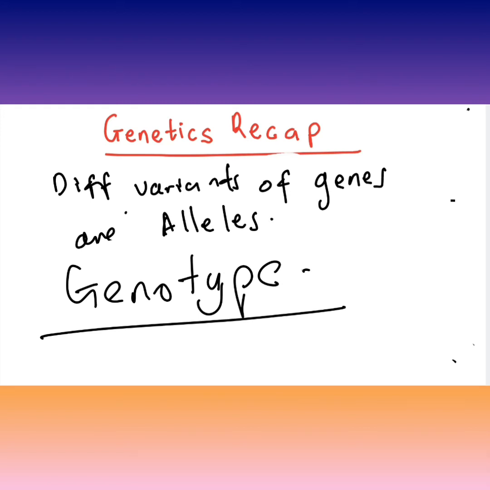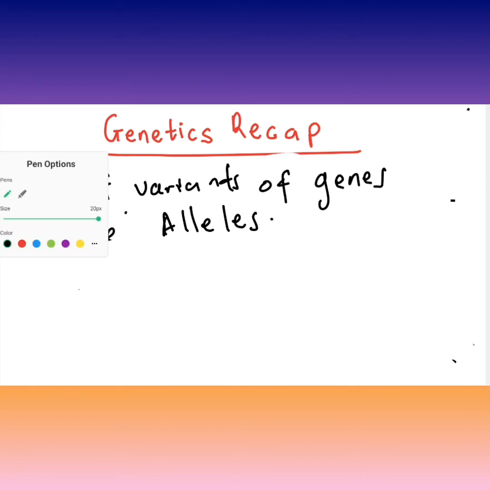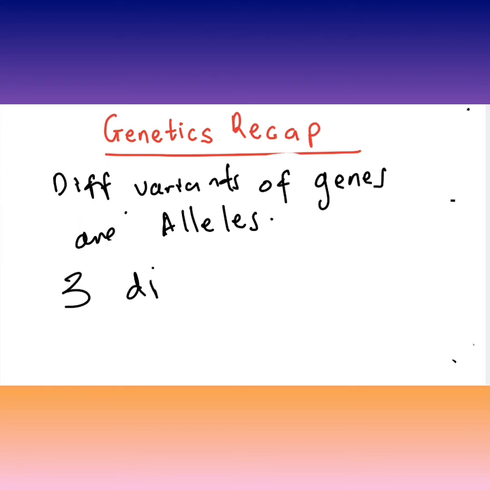Now let's do a little mathematics. Yeah, I know it's genetics. Sadly, we have to do some mathematics, but this will just be some really simple stuff. Now, let's do a little permutation and combination. Just combination, right? So we have three different alleles, but we need to combine them together to form the genotype.